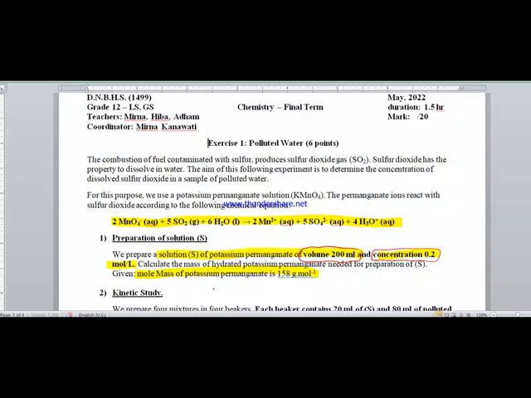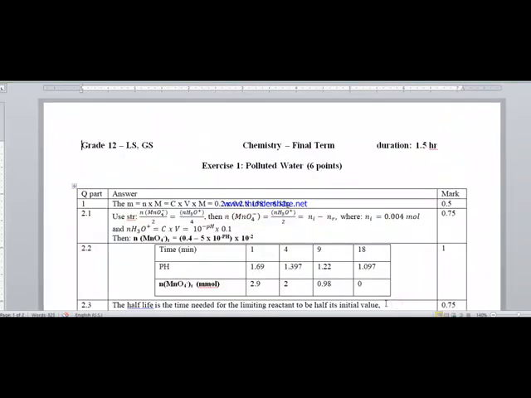We have the molar mass of potassium permanganate. We calculate the mass by using the formula mass equals n times molar mass, where n is equal to C times V. So we substitute the concentration 0.2, volume 0.2, and the molar mass is 158.